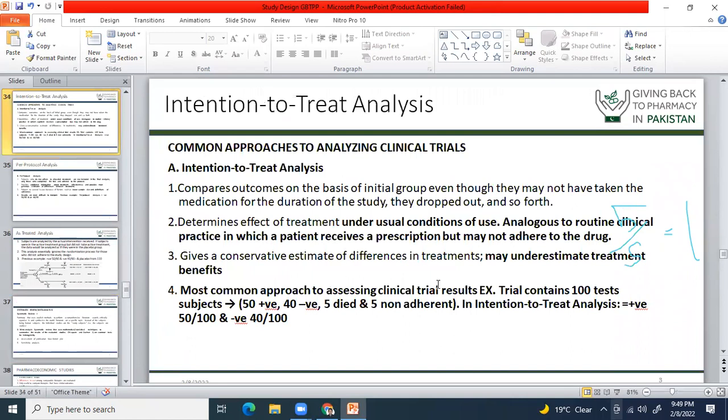Yes. Here, it compares outcomes under usual conditions of use, analogous to routine practice in which a patient receives a prescription but may not adhere to the drug. It gives a conservative estimate and may underestimate the treatment benefit. So where should I go?